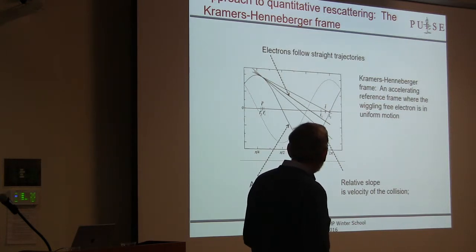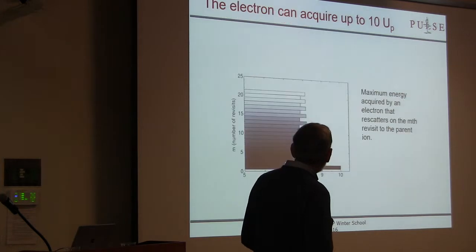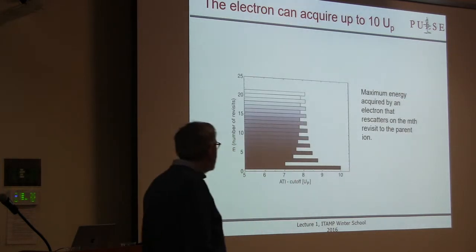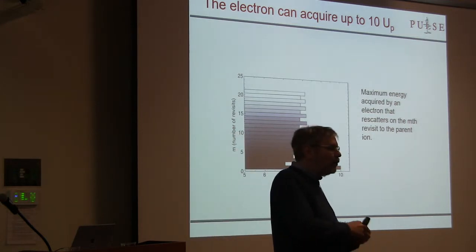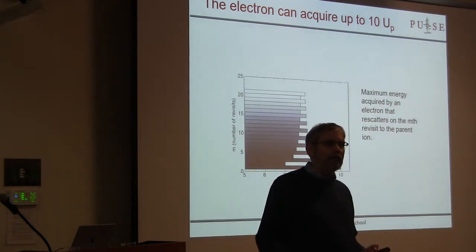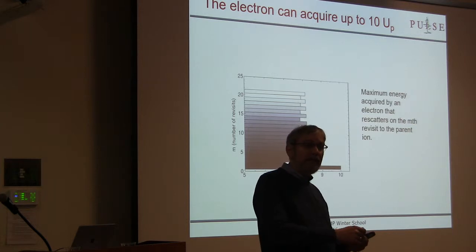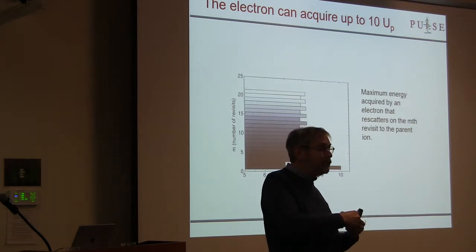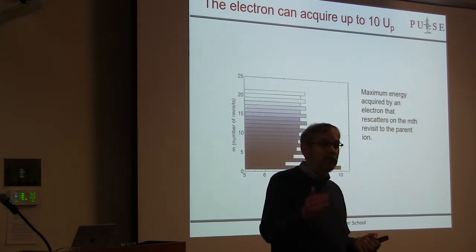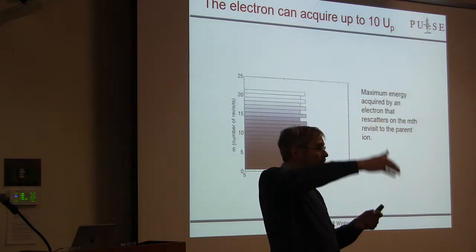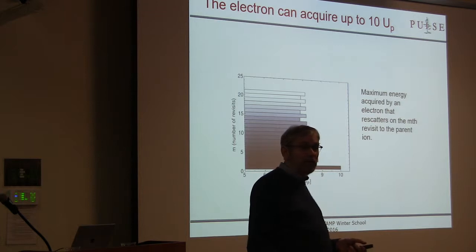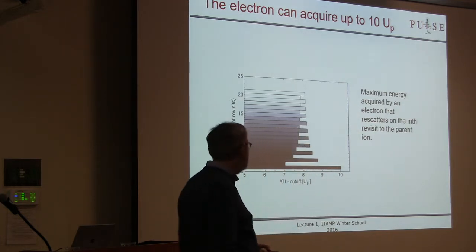And the analysis of this very simple sort leads to a kind of an interesting revelation about how rescattered electrons are. Depending on where they rescatter, they can produce very, very high energy electrons, much higher than the 2 UP plus 1 UP offset that we saw for the directly ionized electrons.